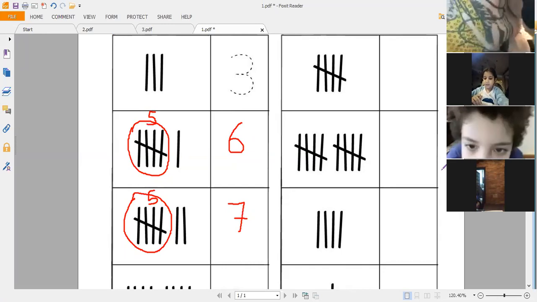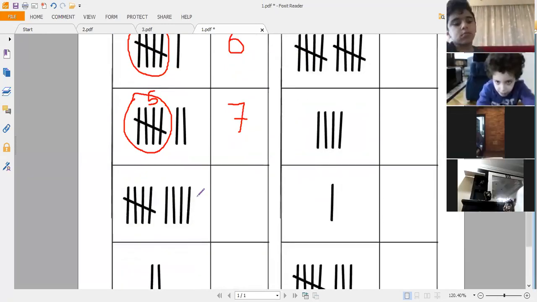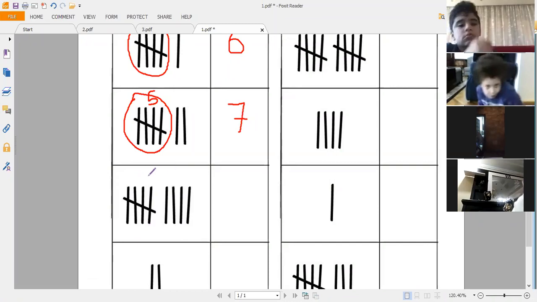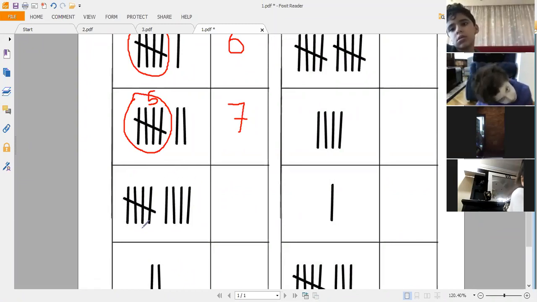Okay, which number is this? 4. These tally marks, all of them?